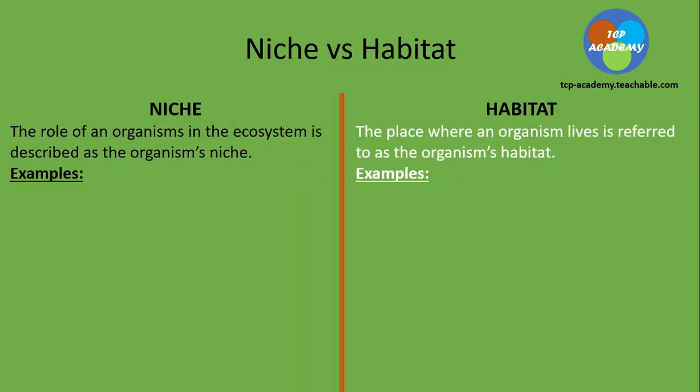Now we're looking at distinguishing terms, no longer defining. So we're looking at niche is this, while habitat is that. But in this case, we're using a table to do the comparison. So a niche is the role of an organism in the ecosystem, while habitat is a place where an organism lives.